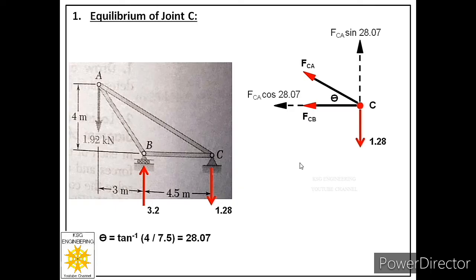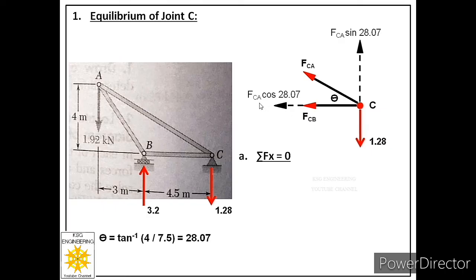It means now we can apply those two equations of equilibrium, that is summation Fx equal to 0 and summation Fy equal to 0. So let us start with the first equation, summation Fx equal to 0. How many forces are acting in x direction?